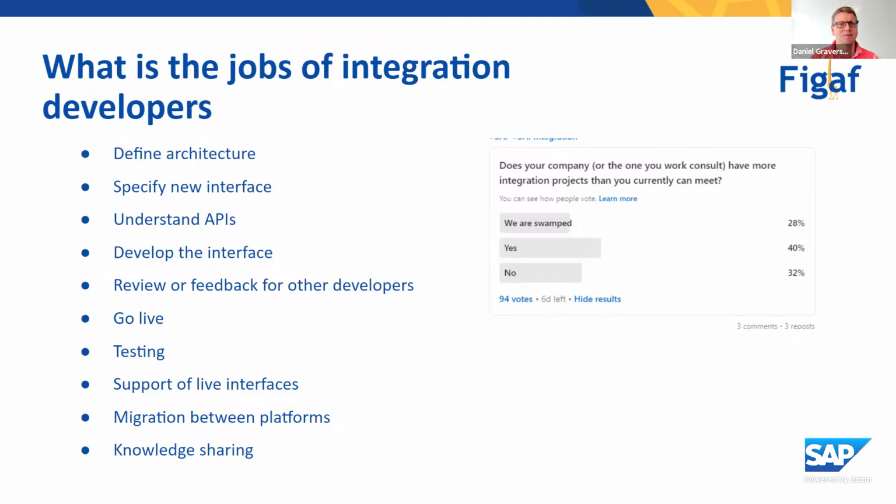There are a lot of different tasks that integration developers need to figure out how to actually work with. And this means that our focus as integration developers becomes challenging, and this makes our life a lot more challenging.